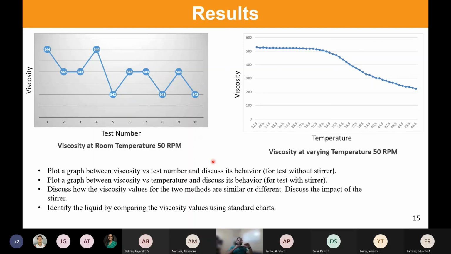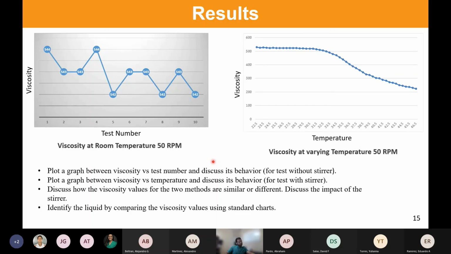So you can do a comparative study of how breaking down the layers, or how having a stirrer, gives you different sets of results, and which one do you think describes the characteristics of viscosity, or the parameter of viscosity, better for one liquid? Why is one more acceptable and another is not?